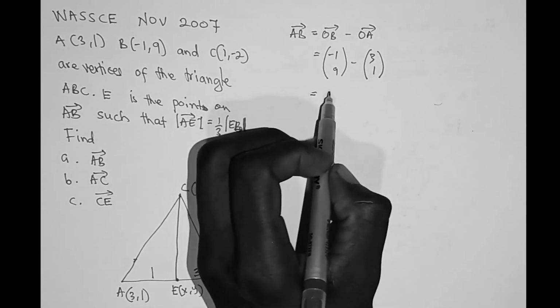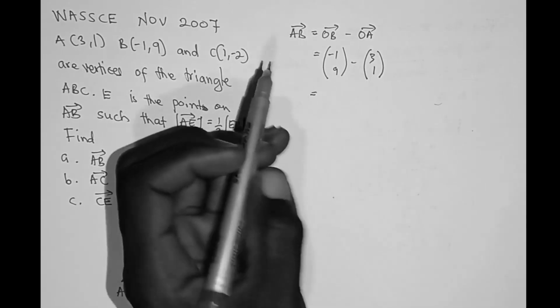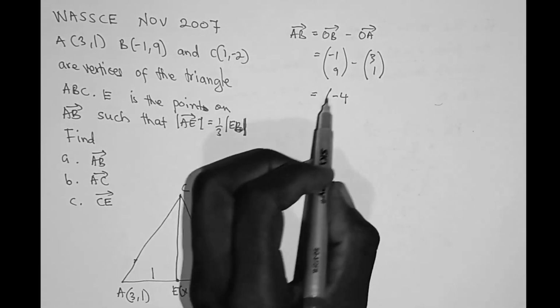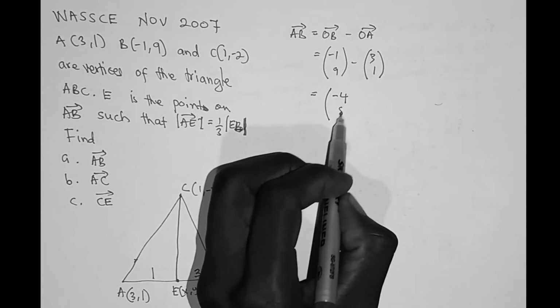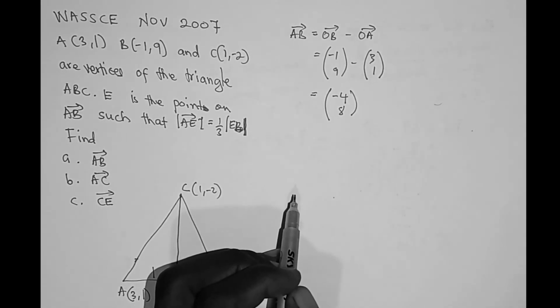So this is equal to -1 minus 3 equals -4. And then 9 minus 1 is 8. And therefore the vector AB is -4 and 8.